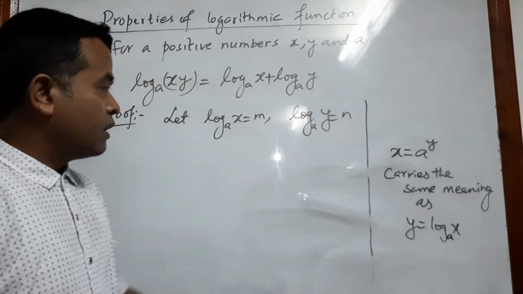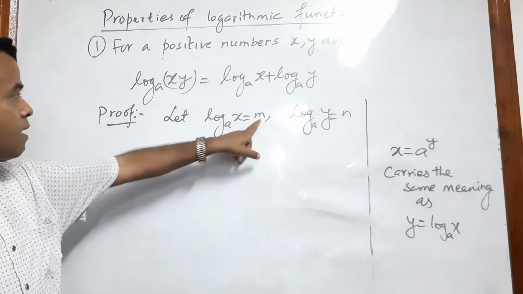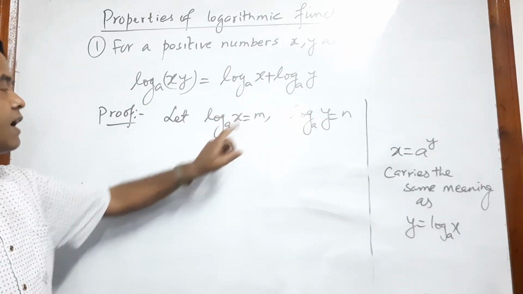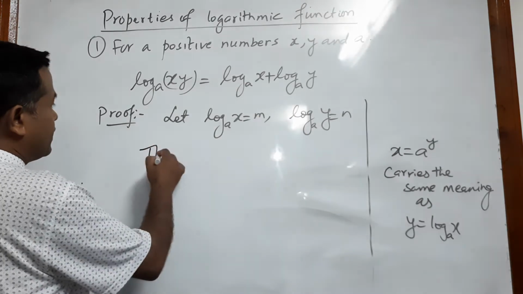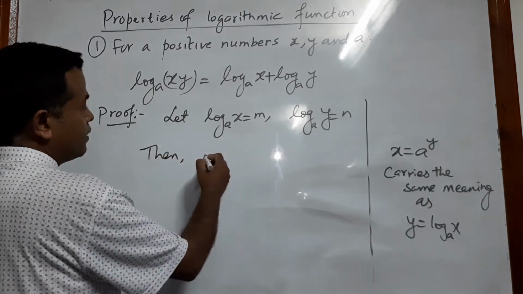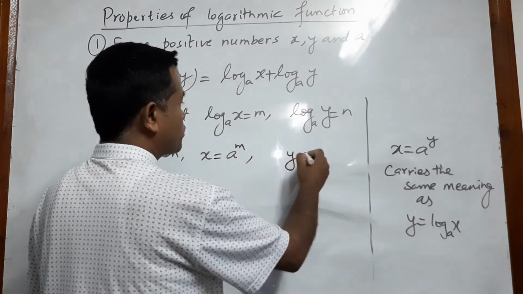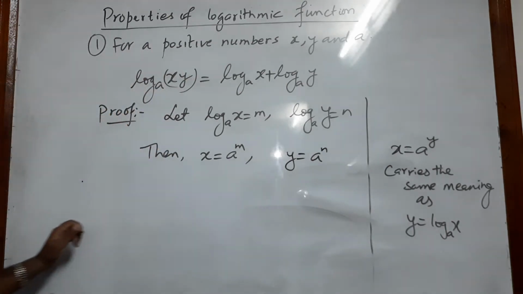So here its meaning is a raised to the power m equals x, and y equals a to the power n.